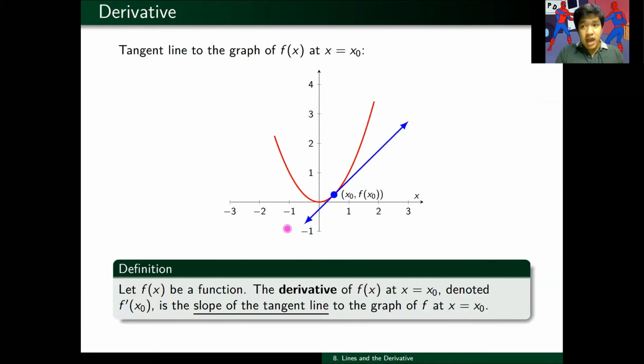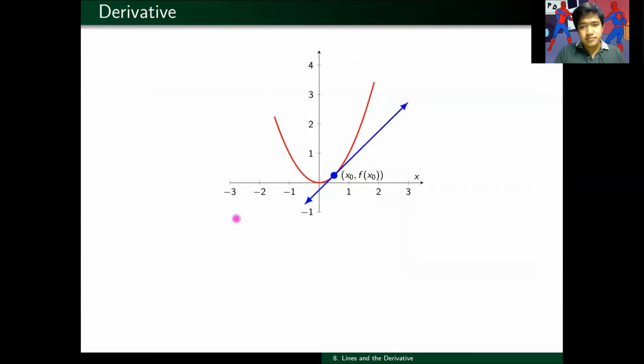But how do we know this slope? No? Pag given ako ng isang curve, tapos given ako ng isang point, paano ko malalaman yung slope ng tangent line na dumadaan doon? Well, what I can do is this. Pwede akong kumuha ng isang point, kahit anong point na gusto ko sa curve na to.